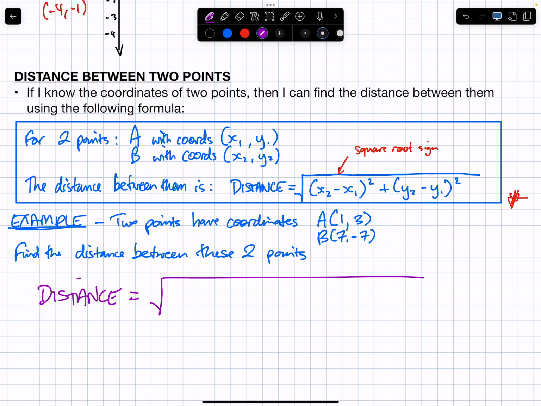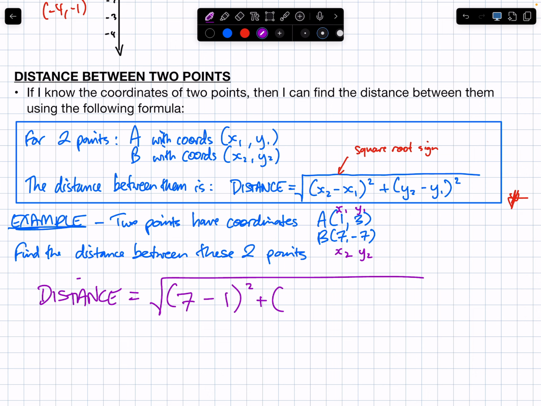So, demonstrating, 2 points have coordinates. A is 1, 3. B is 7, -7. In the formula, what would my x2 be? 7. Take x1, 1. If you want to help yourself by labeling it, you could say this is x1, y1, x2, y2.